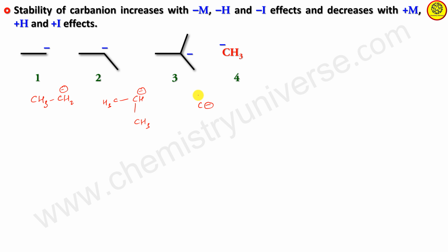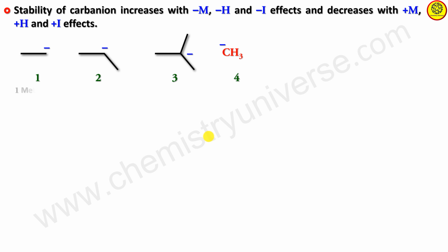This is C negative and 3 CH3s, and this is simply CH3 negative. So what kind of effects do you think are happening here? And which do you think is more stable and which do you think is least stable? Try to figure this out.